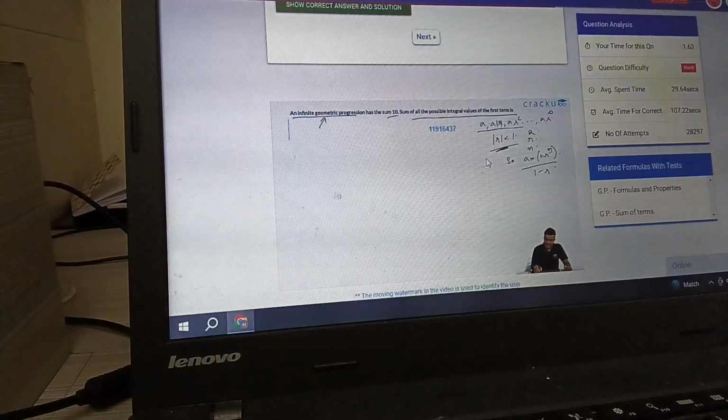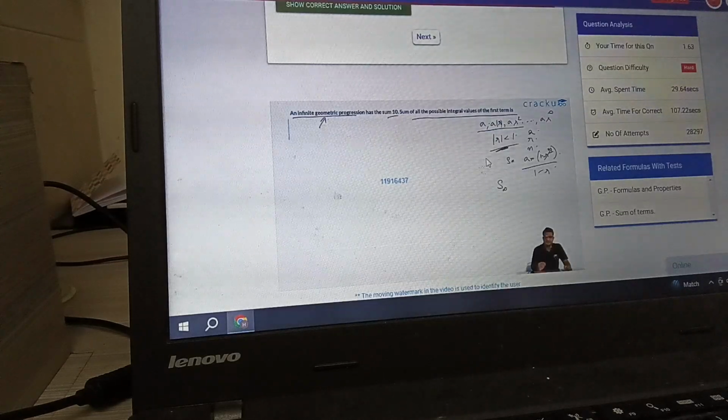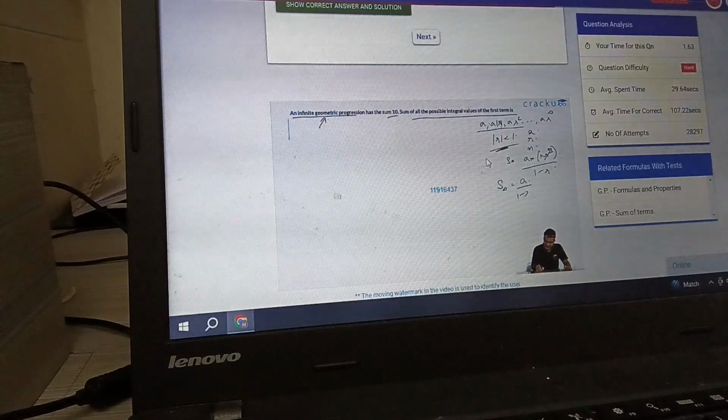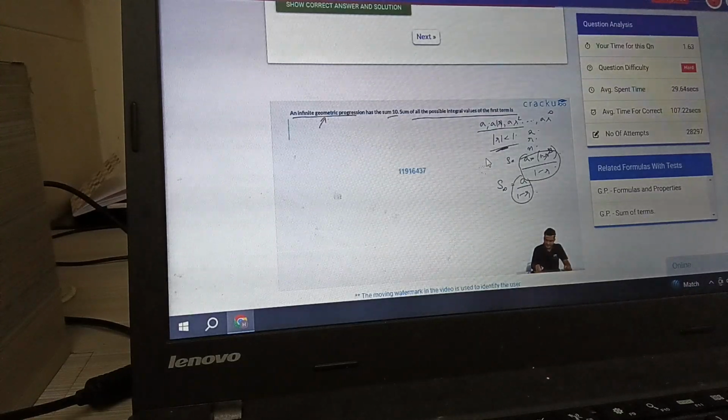So r to the power n, as n becomes very large, becomes very close to 0. So the sum of an infinite geometric progression is equal to a by 1 minus r. Notice that in this case, r to the power infinity is assumed to be 0.